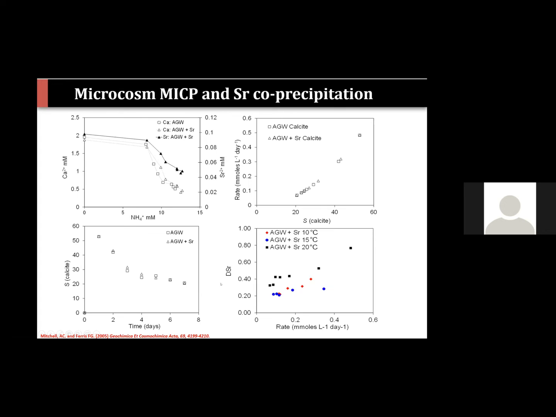And when we look at how effectively strontium can co-precipitate within the structures, we see that the homogeneous partitioning coefficient generally increases with the reaction rate. So larger precipitation rates lead to a greater magnitude of strontium co-precipitation relative to calcium co-precipitation.